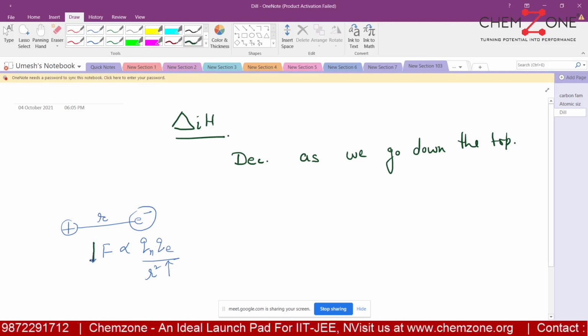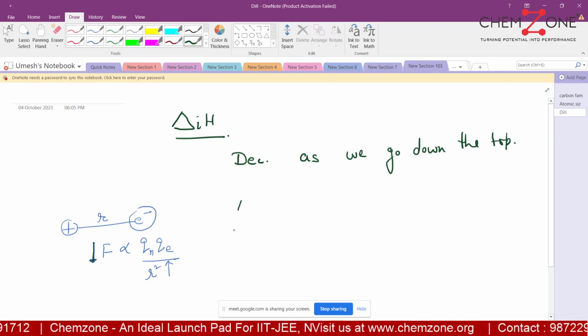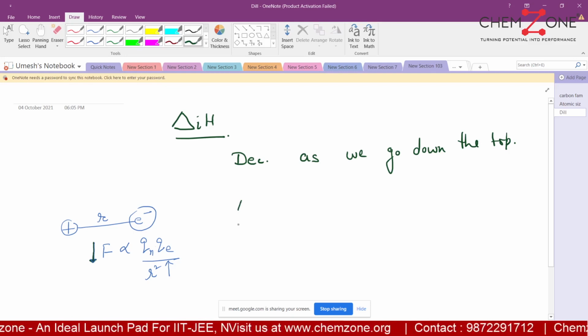If the attraction decreases, ejection becomes easy, and that is why we need less energy to eject the electron. This is how the enthalpy of ionization varies down the group.